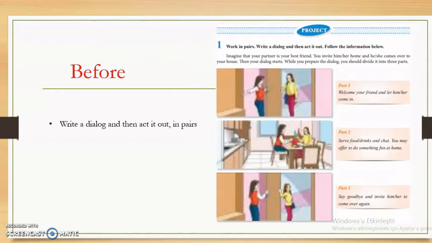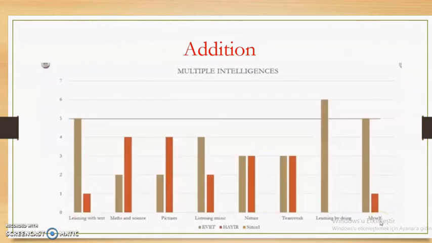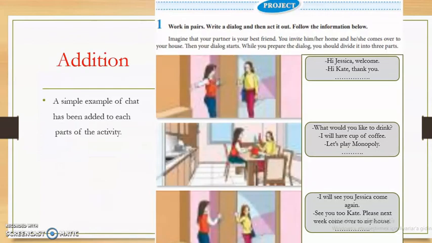Well, according to our findings from the survey, most students learn by doing, learn with text, and learn by themselves. Although this activity gives students the opportunity to learn by doing, it does not give them an example in the text.